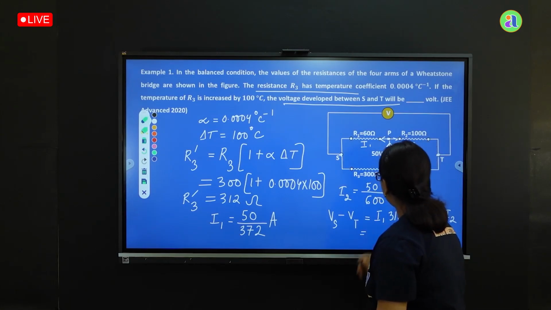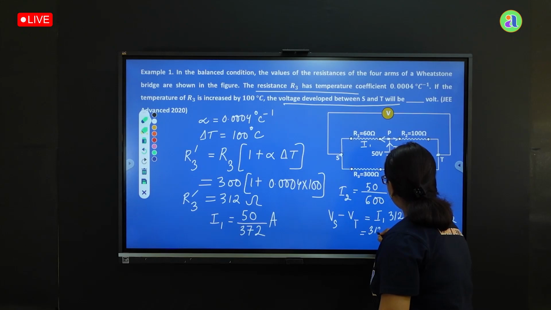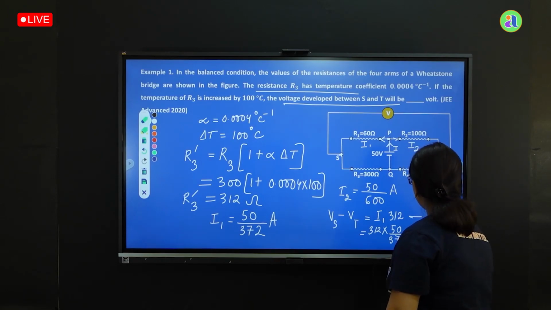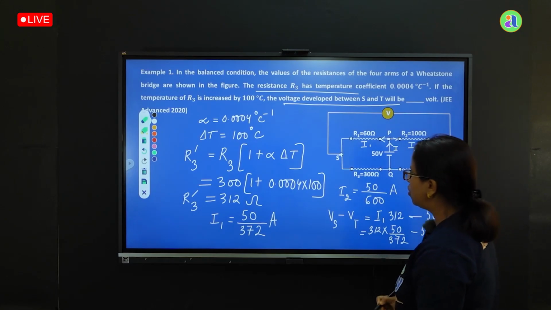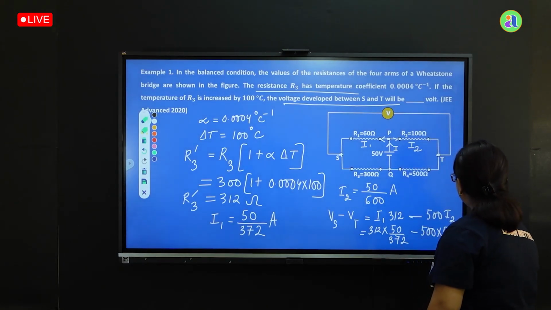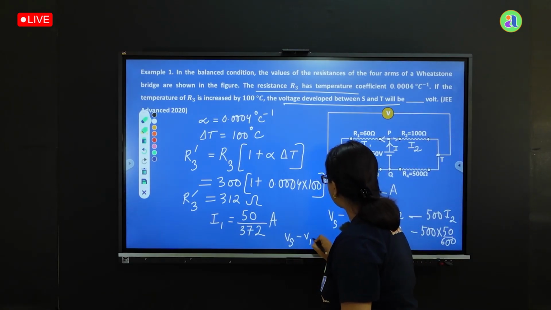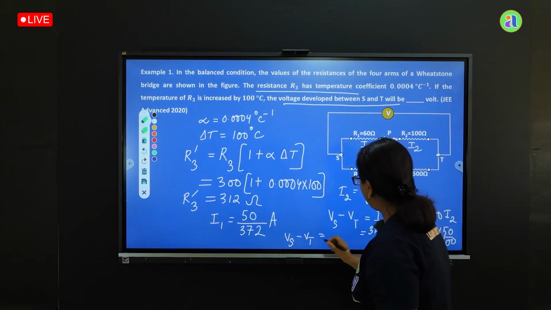So we just now need to put in the values of I1 and I2. We have 312 times I1, which is 50 by 372, minus 500 times I2, that's 50 by 600. And when we work this out, we get Vs minus Vt as equal to, let's look at the individual values.